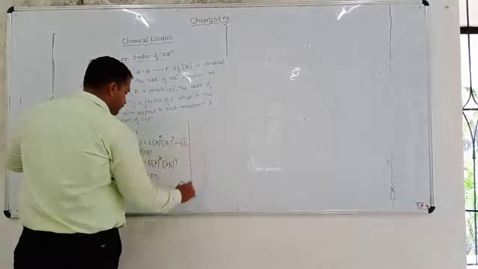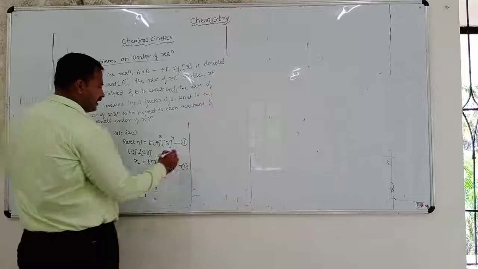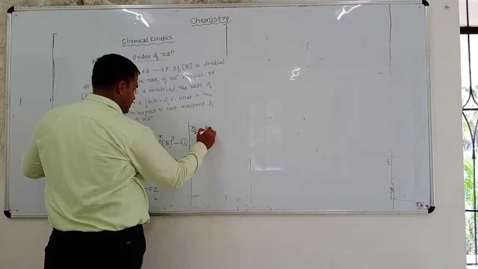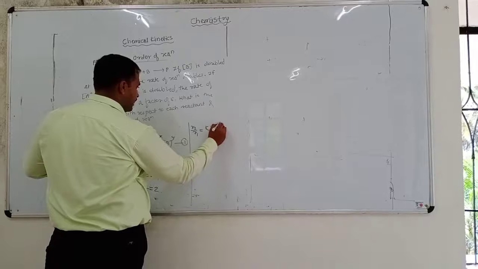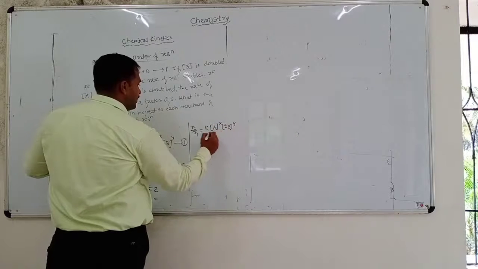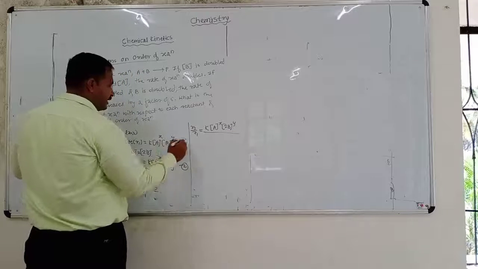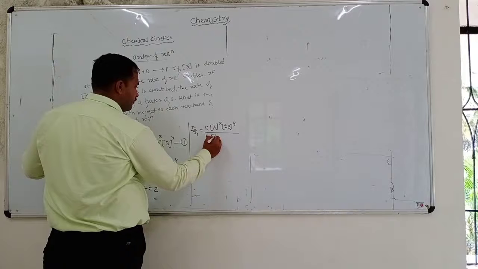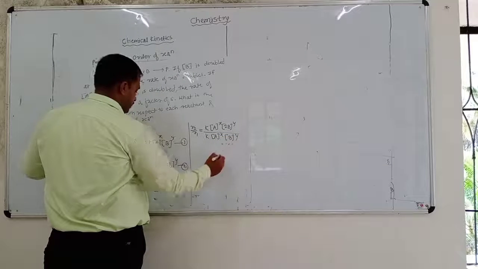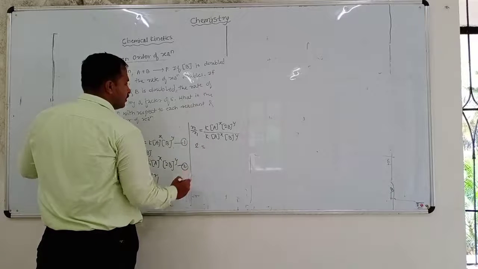म्हणजे इथे लिहू शकतो आपण इक्वेशन 1 आणि 2 आहे. R2 divided by R1 केलं. R2 काय, K concentration of A raised to X, concentration of 2B raised to Y, divided by K into concentration of A raised to X, concentration of B raised to Y. You know that R2 divided by R1 is equal to 2.